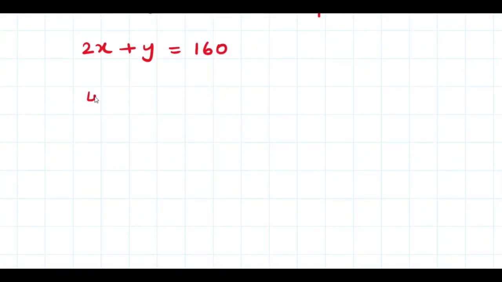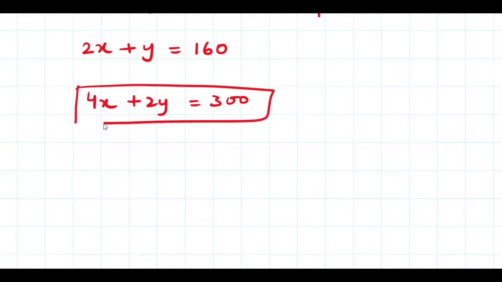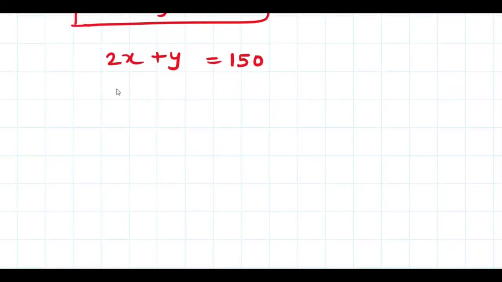That means 4x plus 2y equals 300 rupees. In this equation, 2 is common on both sides, so let us divide this equation by 2. So we have 2x plus y equals 150. So we have two equations, 2x plus y equals 150 and 2x plus y equals 160.